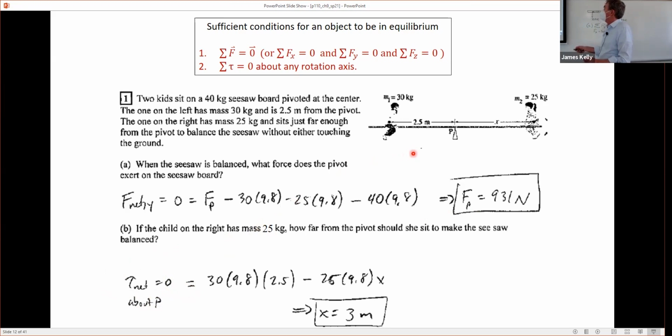Let's see, there are 4 forces acting here, right? There's a downward force from this child. I didn't really draw a positive axis direction, but let's take counterclockwise, the direction I'm moving the laser pointer now, to be the positive rotation direction. So this force is going to be a positive torque.